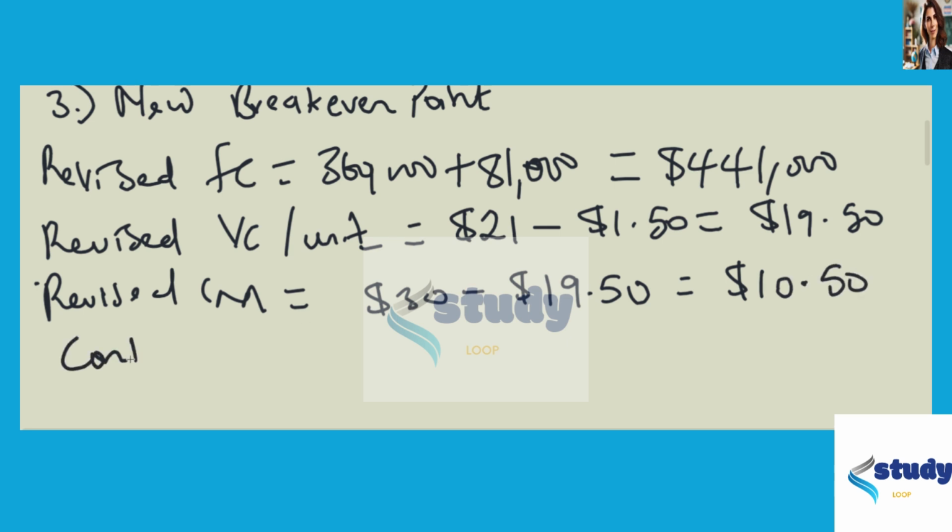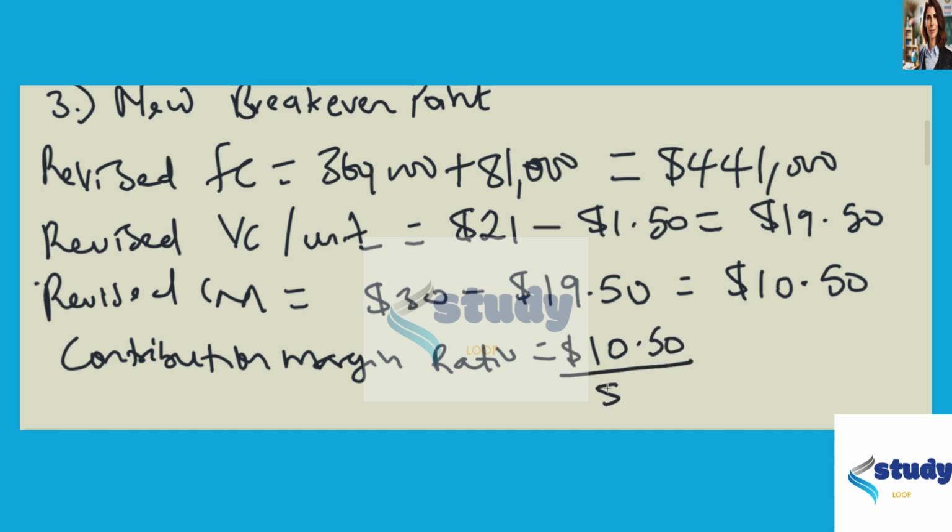Now the contribution margin ratio will be equal to $10.50 divided by $30, and this is going to give you 35%.